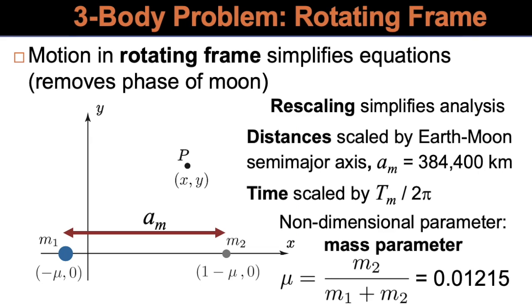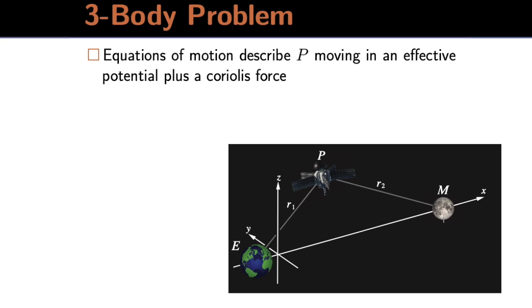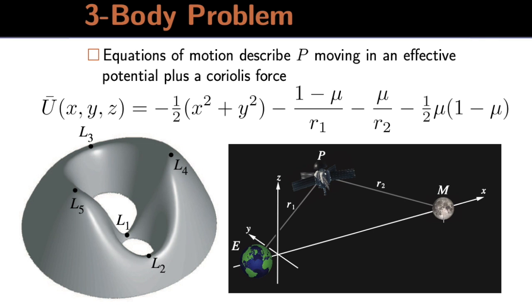So in this frame, and with these rescalings, the Moon is located at 1 minus mu, and the Earth is located at minus mu on the x-axis. The equations of motion for the spacecraft are the motion in an effective potential, and I give the effective potential here, what it looks like, plus a Coriolis force.